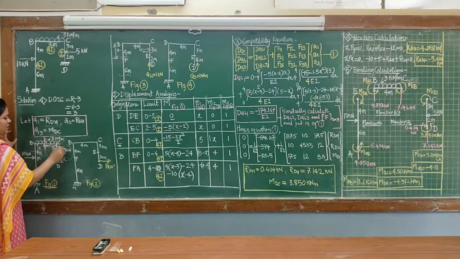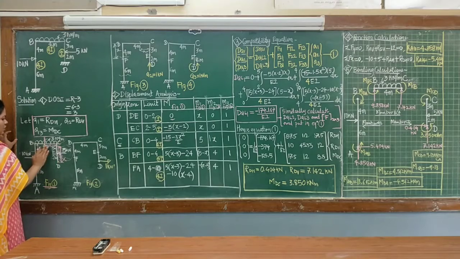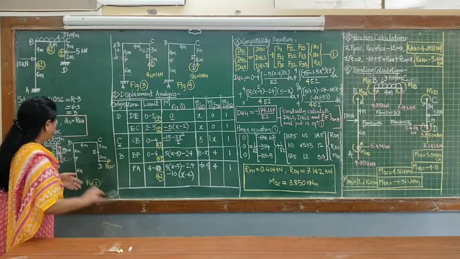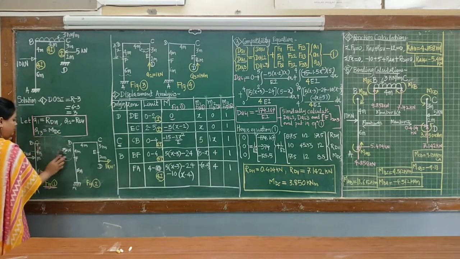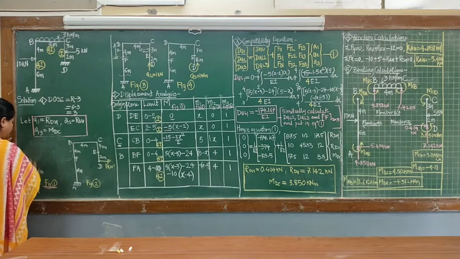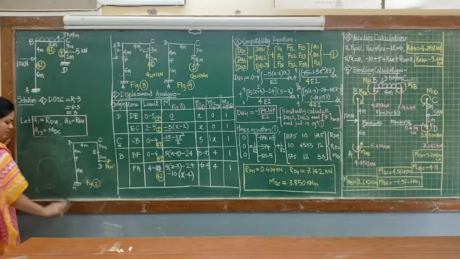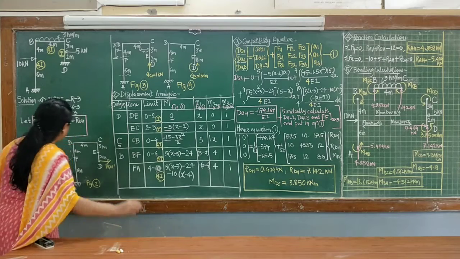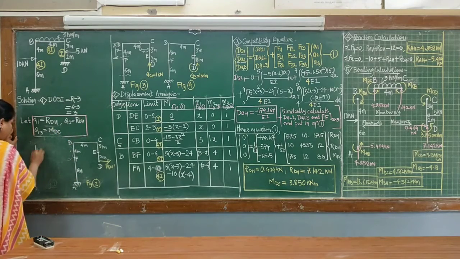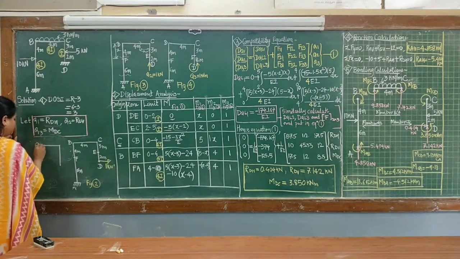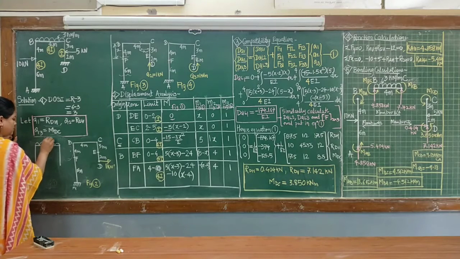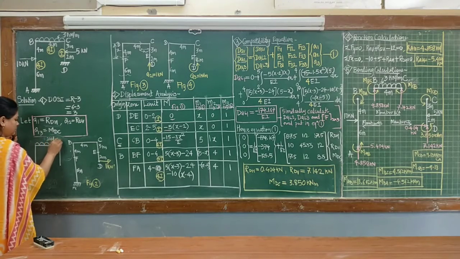Now the moment of this 3 and the moment of this 5. So here I'll clear the figure first so that you can understand clearly. This is the portal frame ABCD. The load here is 3 kilonewton per meter.